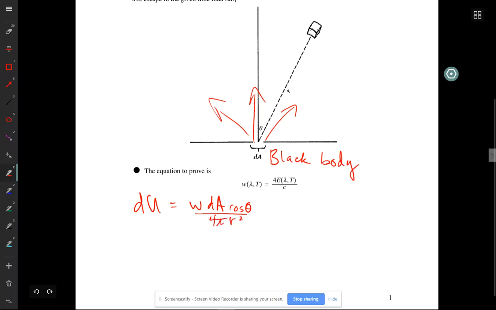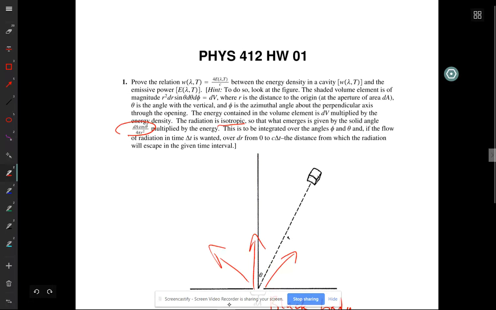As I explained to Chad, he didn't ask, I just explained, the 4 pi r squared is because we're assuming that the radiation is spreading out over a spherical shell. The surface area of a sphere is 4 pi r squared. And so as it gets farther away, the same energy is spread out over a bigger area by that factor of 4 pi r squared. So we have that and then times dV. That's what this statement here is saying. The energy contained in the volume element dV is dV multiplied by the energy density.